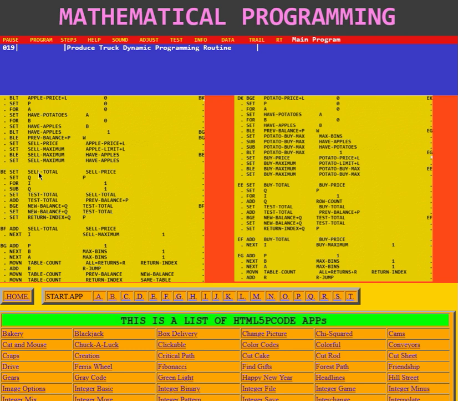Well, we first set our sell total to the sell price. We're going to go around for one apple bin we're going to sell. So we set the sell total to 1. But as it goes around down here, it's going to add the sell price each time we go around and say, now we're getting more money.